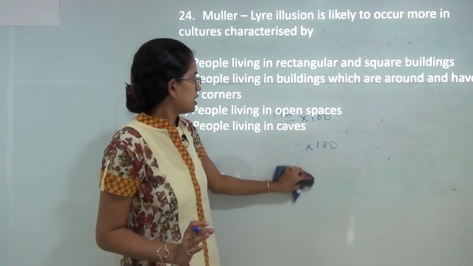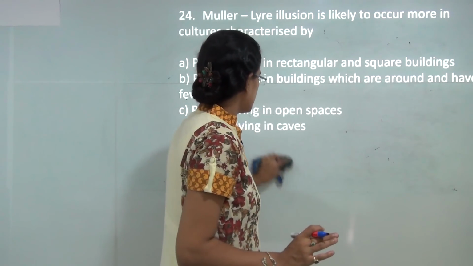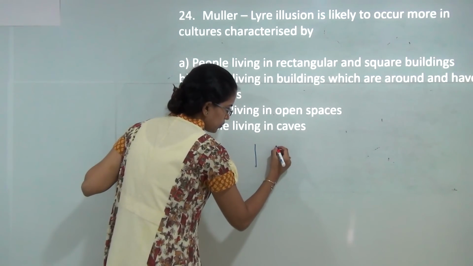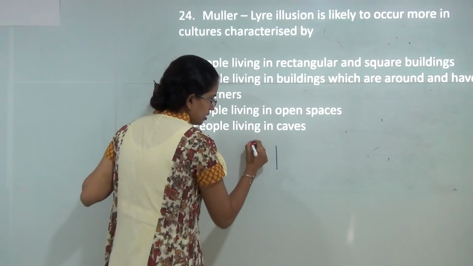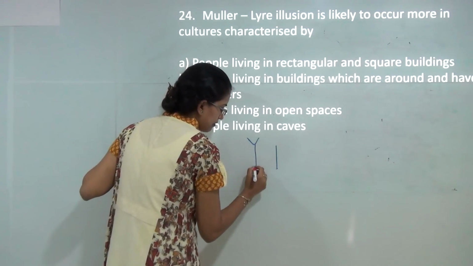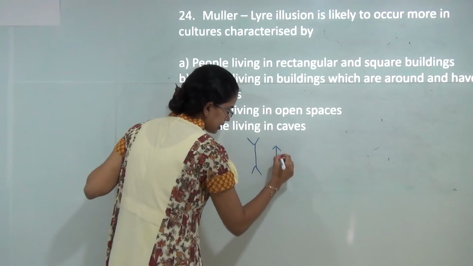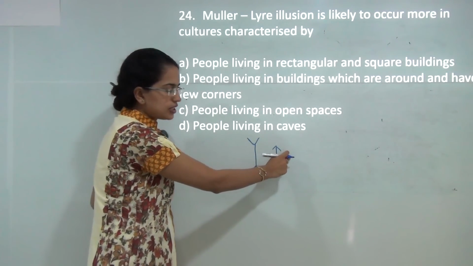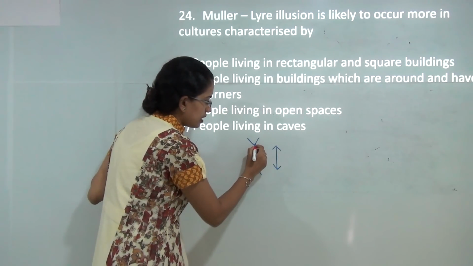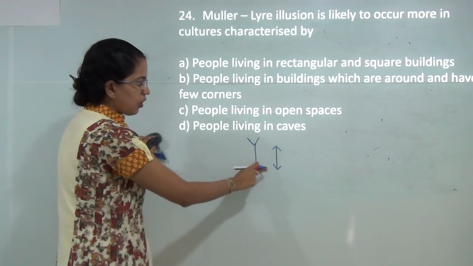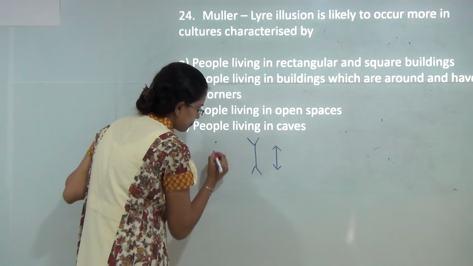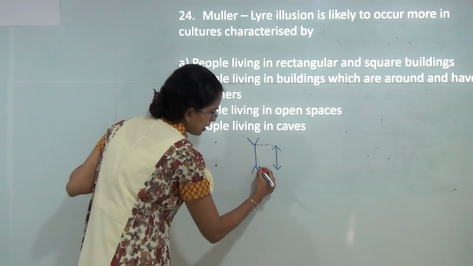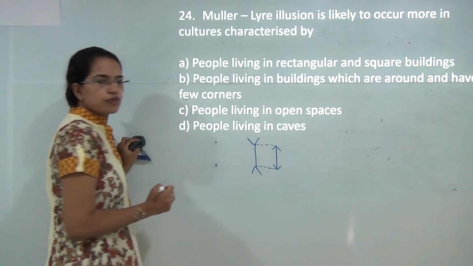Now what is the Muller-Lyer illusion? The Muller-Lyer illusion explains that you have two arrows here. By visualizing them, one can say this arrow appears to be longer compared to this arrow. However, it is just because of the corners that the perception is distracted, because the original length, if I match, is equal for both.